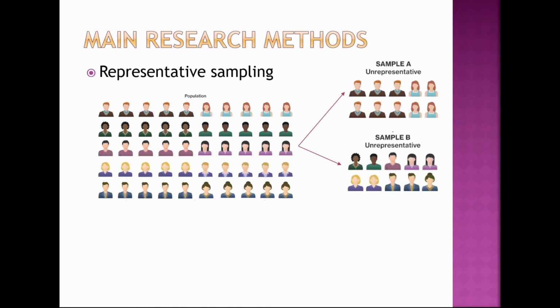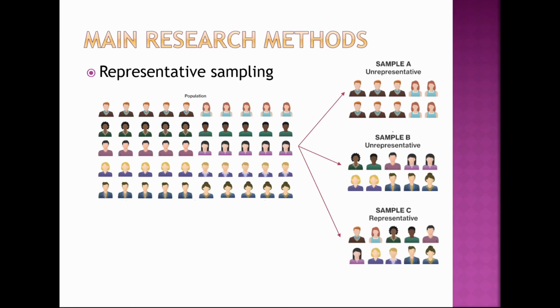In sample B, okay, we got a little bit better, a little bit more of a mix, but it's still not really accurately representing that larger population, right? Now in this one, there is no one from the top row. So in sample C, now we have people in the sample in the same proportions as they would be represented in the population.